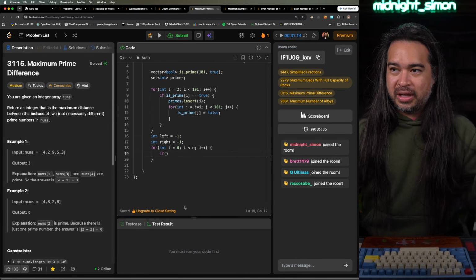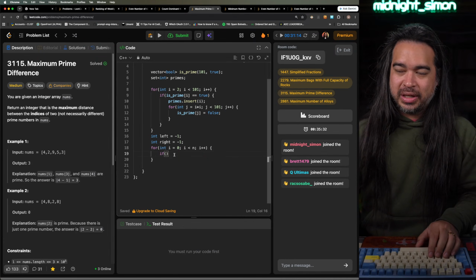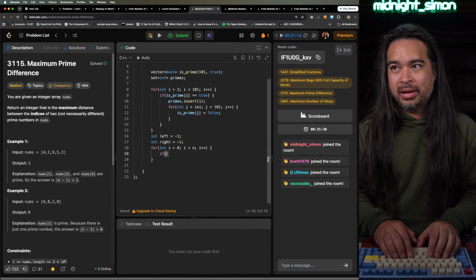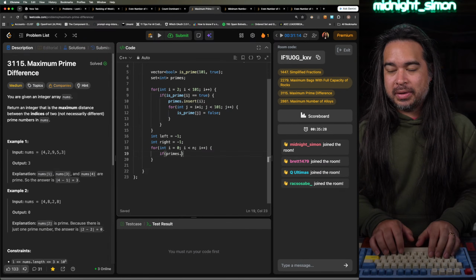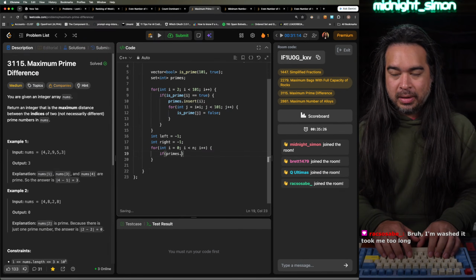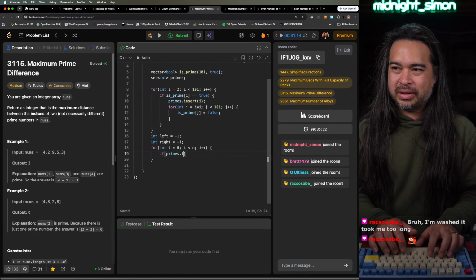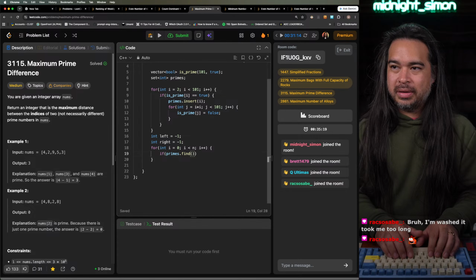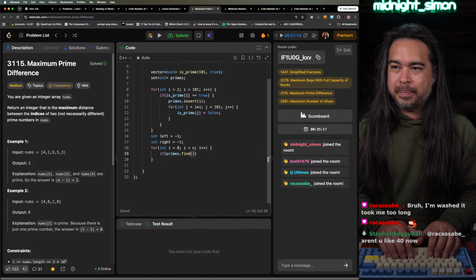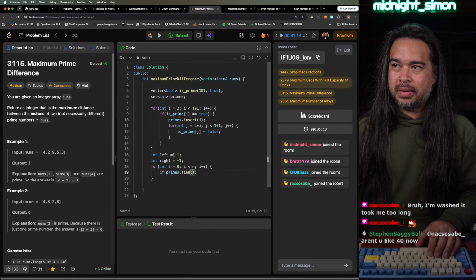So I'm just gonna go left to right and then right to left, and the first one I get is what I'm looking for. So if primes dot, I guess we can do count, or I'm gonna just use find. What are we finding? Nums i.